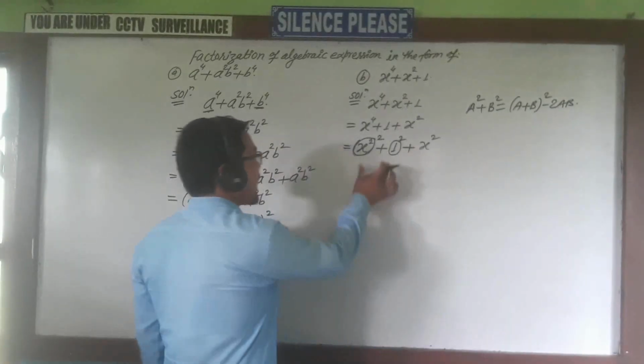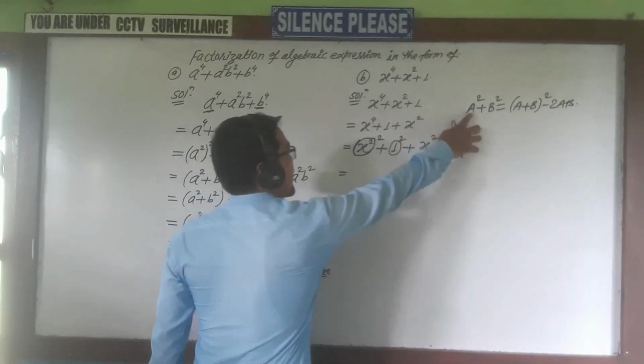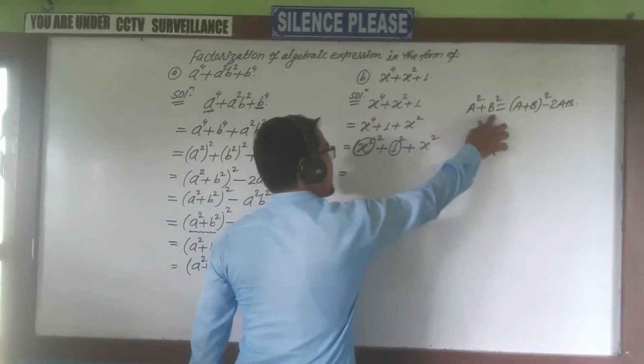So the same thing we can write here. This a represents x square, b represents 1.